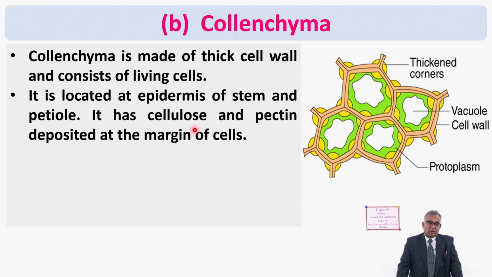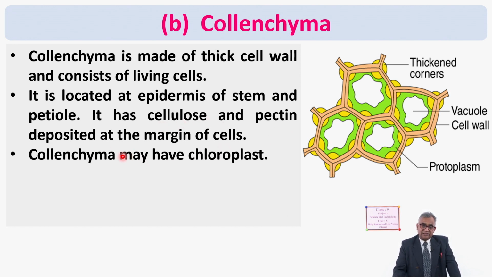Next, it is located at the epidermis. Epidermis means the outermost layer. I told you epidermis and then hypodermis. Yes. So, it is located at the epidermis of stem and petiole. Petiole is the leaf stalk. It has cellulose and pectin deposited at the margin of cells.